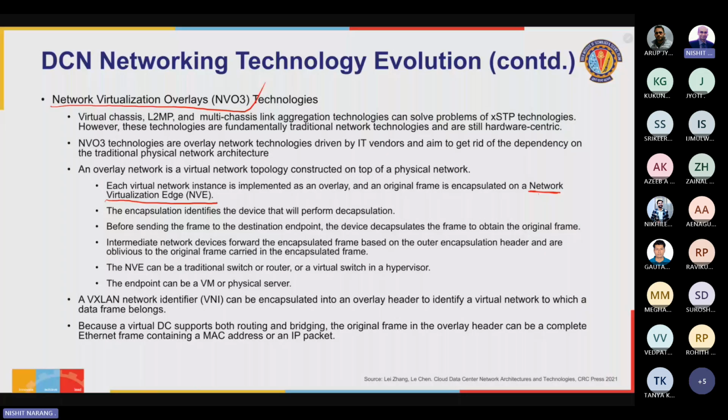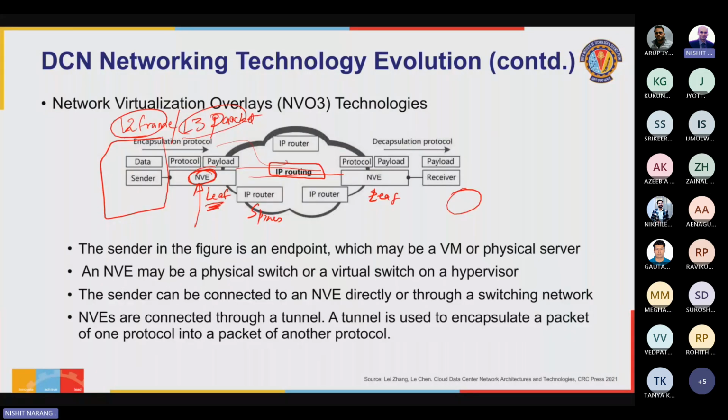So just like Trill reserved a 32-bit field, saying, okay, we will use this field later for tenant identification, NVO3 technologies also recommend that when you encapsulate a sender's frame into an IP packet, you have some additional fields that you can use for tenant identification.